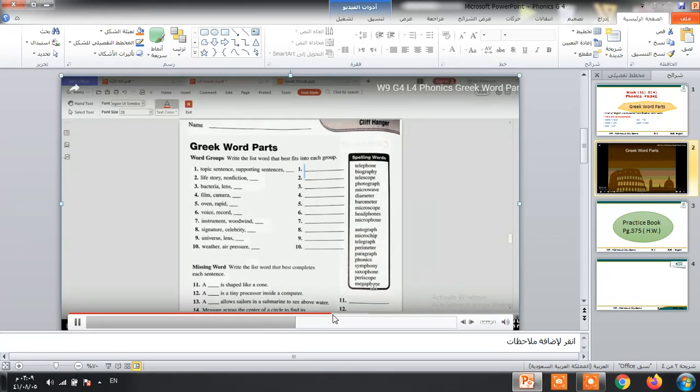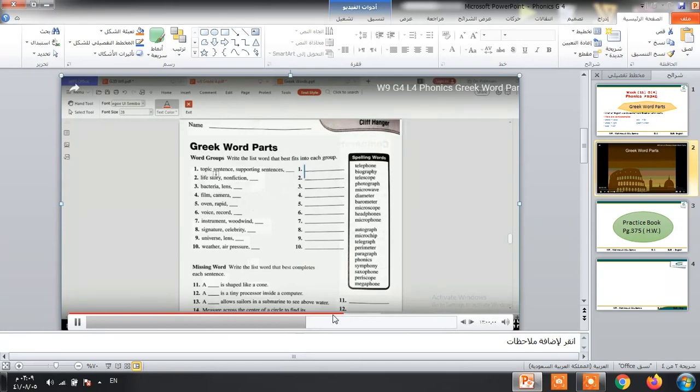Here's the list: telephone, biography, telescope, photograph, microwave, diameter, parameter, microscope, headphones, microphone, autograph, microchip, telegraph, perimeter, paragraph, phonics, symphony, saxophone, periscope, and megaphone. Now we know the meaning of these words. It would be a lot easier for us to write the word in the correct place.